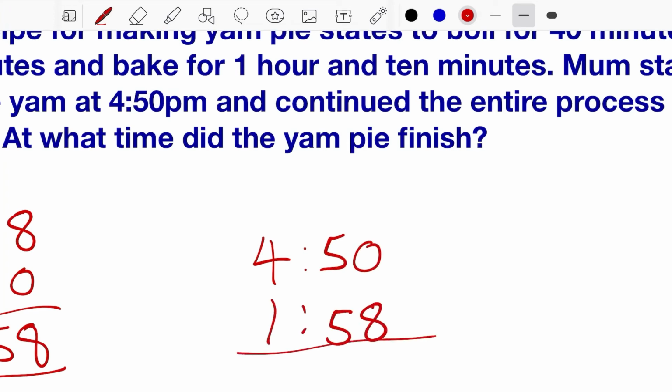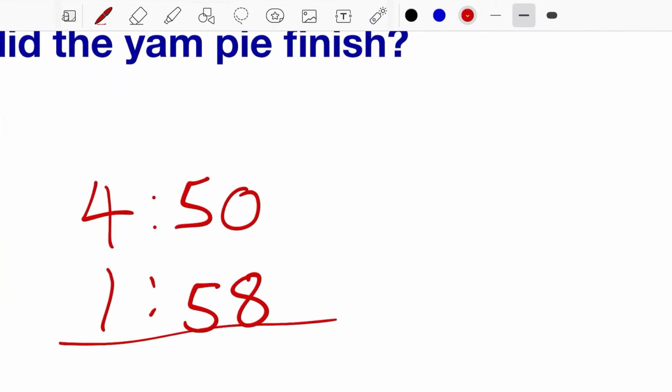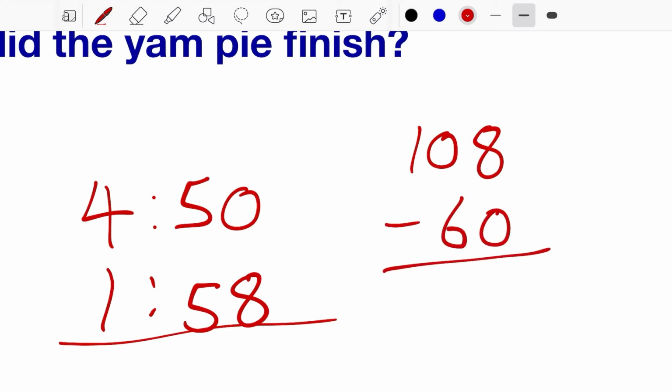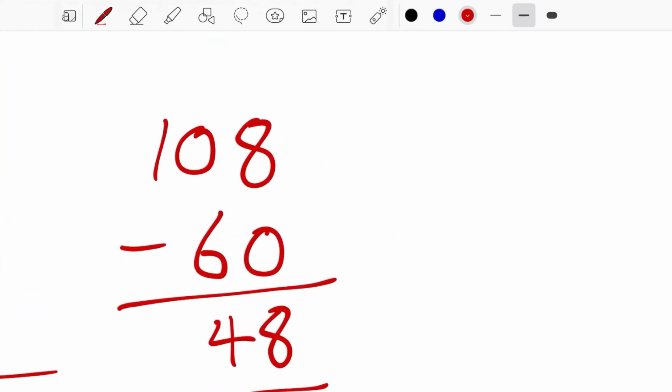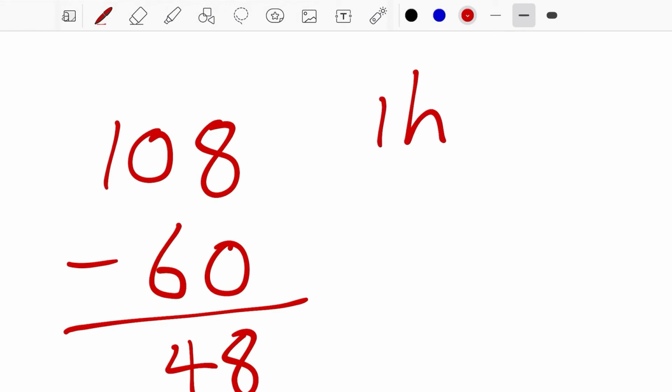So 50 plus 58 is 108. So let's convert 108 minutes to hours. We can subtract 60. So we will get 48. So that's 1 hour and 48 minutes.